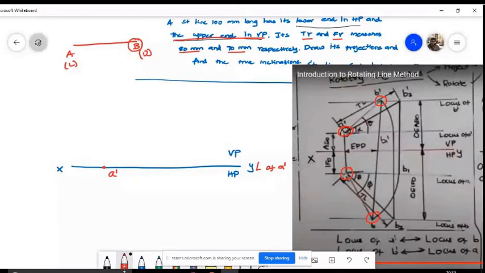Am I right? Yes, sir. So that means this will be my locus of B. So this is the first point. So we fixed two locuses. Next, I have the front view and top view. Can I plot the front view and top view somewhere here?